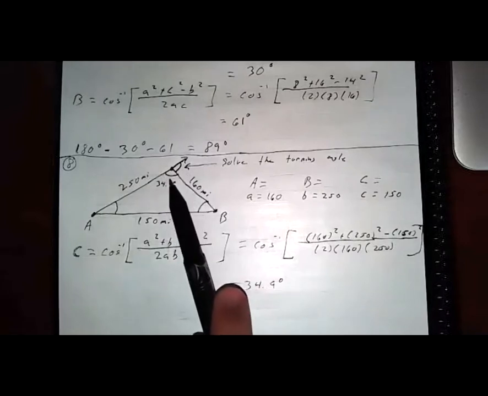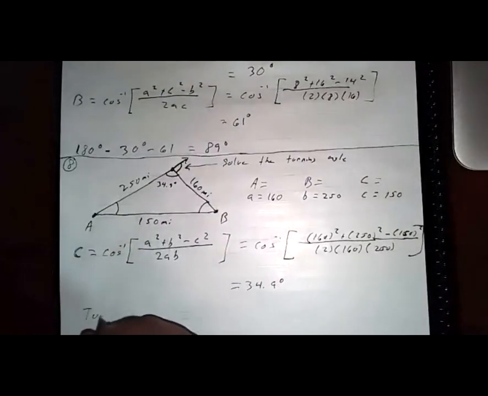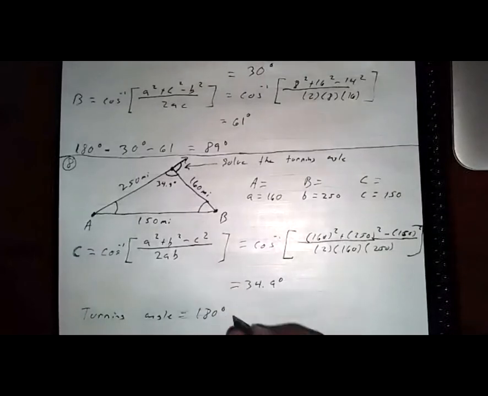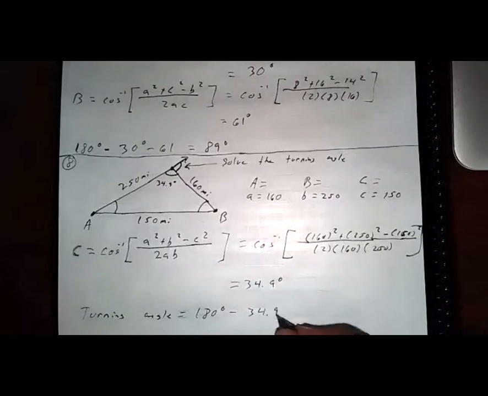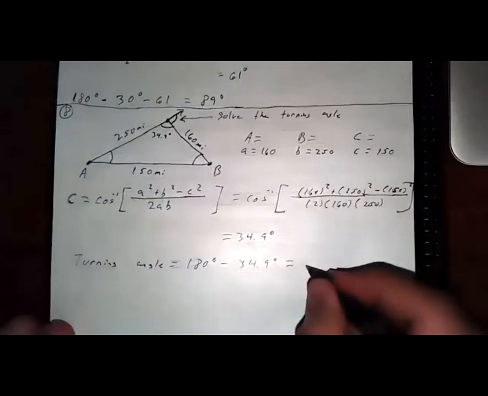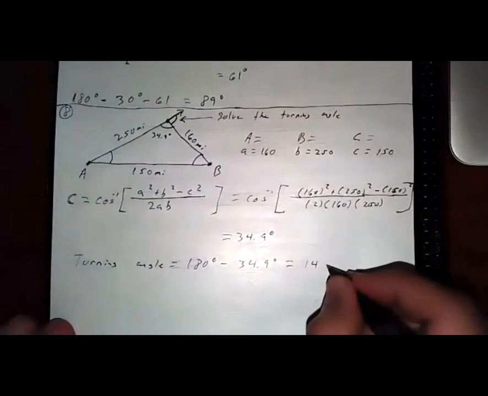This distance is 34.9. So how do I find that missing distance? Just subtract it. The turning angle would be equal to 180 minus this, right? Does that make sense? Yes. So what is that? 140 something, 5, right?